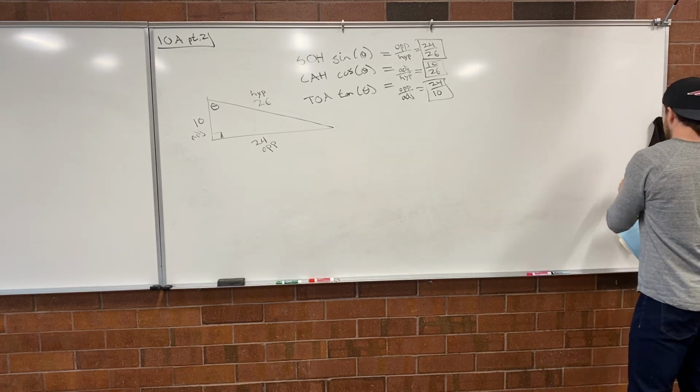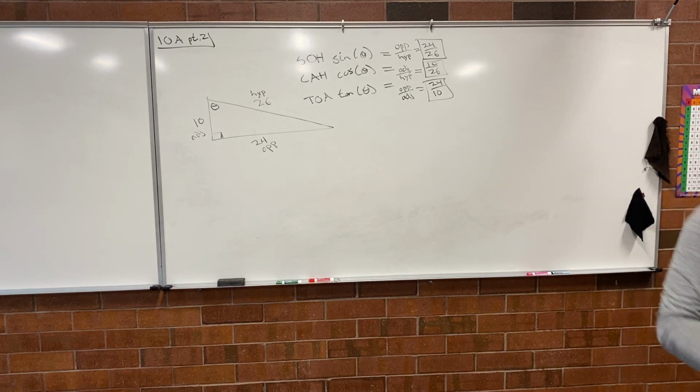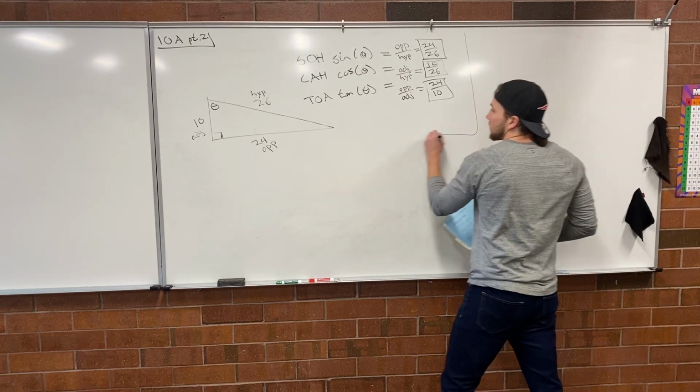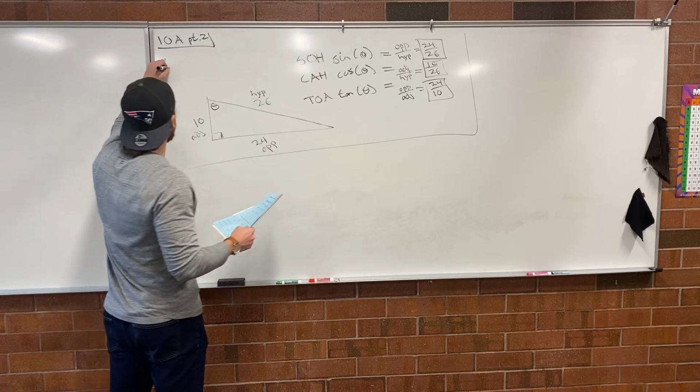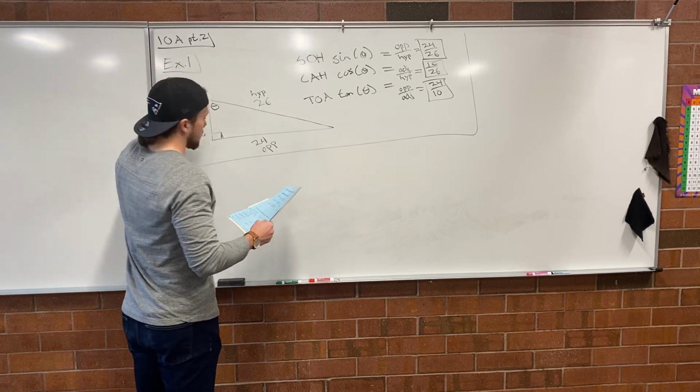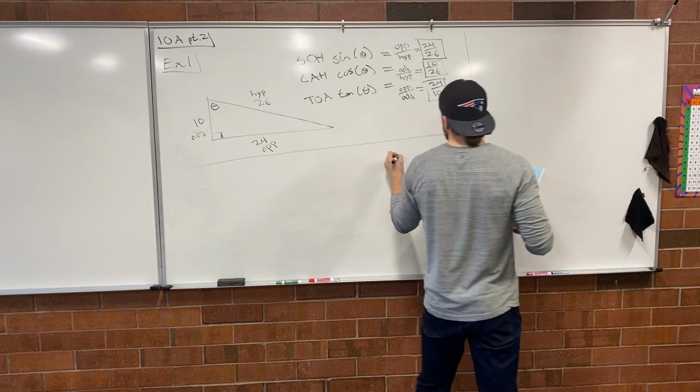Just aged me instantly. Okay, so I will leave that up there for now, and we've got room on the right side of the board, so we'll do our next example down here. Okay, so we'll say this was example 1, and now we'll do example 2.